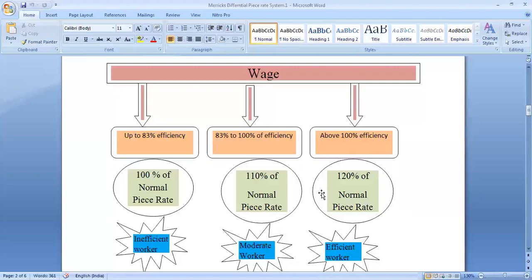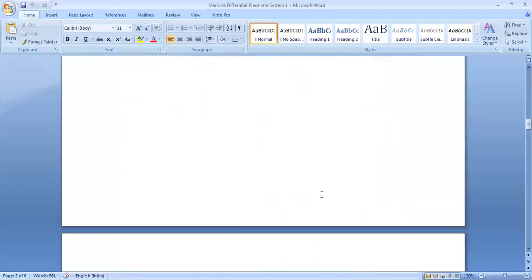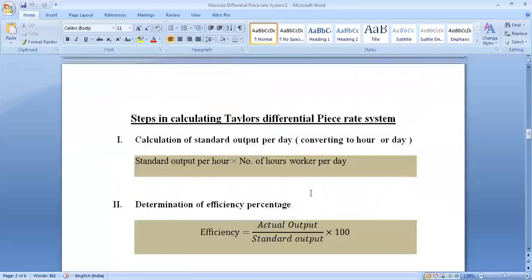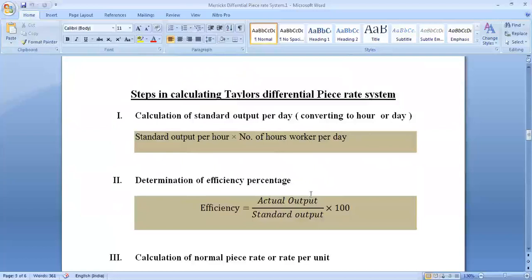Let us understand this method by taking an example. Before that, I want to tell you how to solve the problems and which steps are followed under Merrick's differential method. This is the same as Taylor's differential piece rate system.